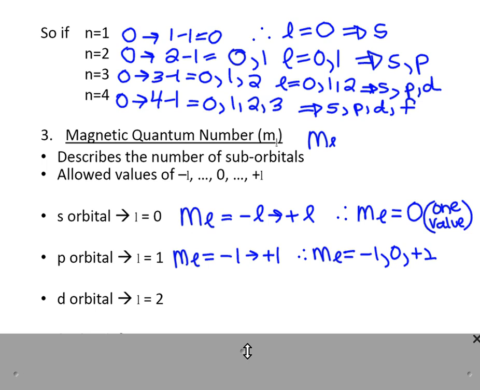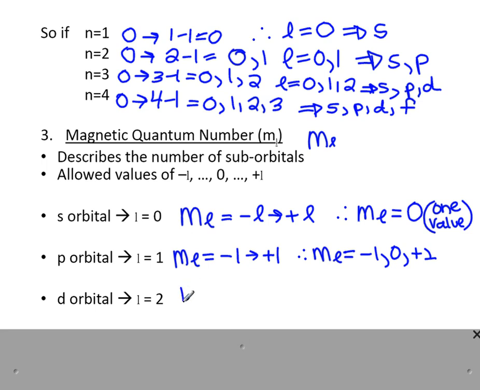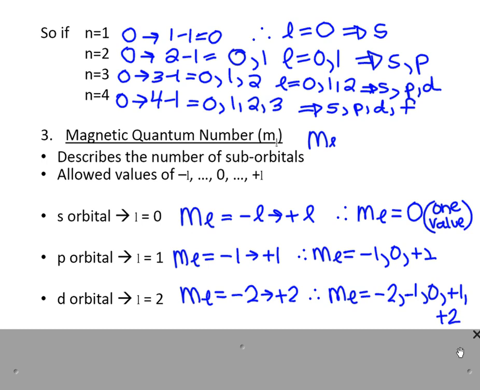We go back now to d orbital. Again, hopefully you're starting to see the pattern. It goes from -2 all the way to +2. So that means my ML values are going to be -2, -1, 0, +1, and +2. 1, 2, 3, 4, 5. 5 values, 5 suborbitals. How many different shapes of d orbitals do you have? There are 5 of them.